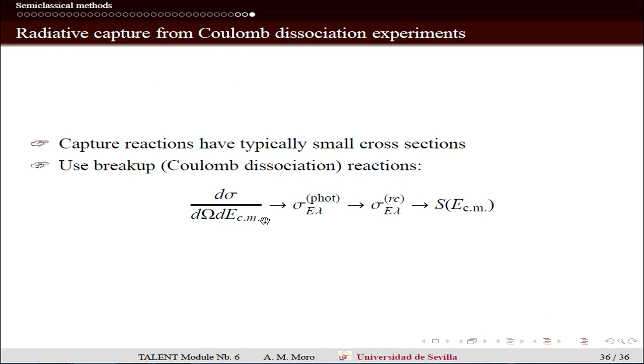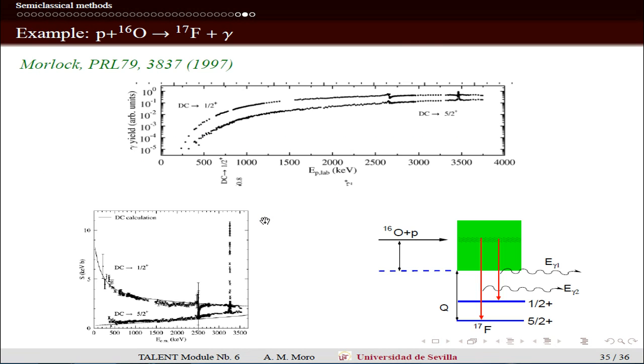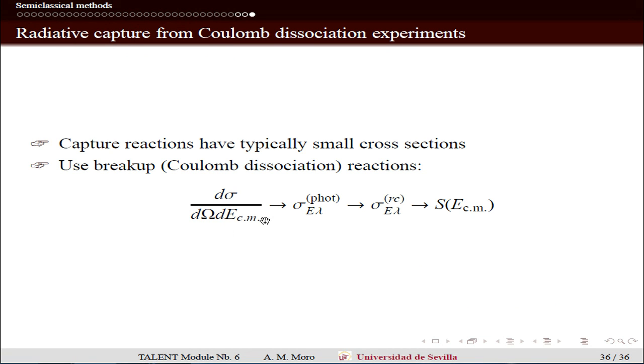And so how can we obtain information on this radiative capture without measuring it directly? Because this is one example in which it is possible, but in many cases it is not possible experimentally. So the idea is to measure the Coulomb breakup cross section, and remember that we had a relation between the Coulomb breakup cross section and the photoabsorption cross section. We derived a relation between these two quantities. And the photoabsorption, we have just shown, is just the inverse of the radiative capture.